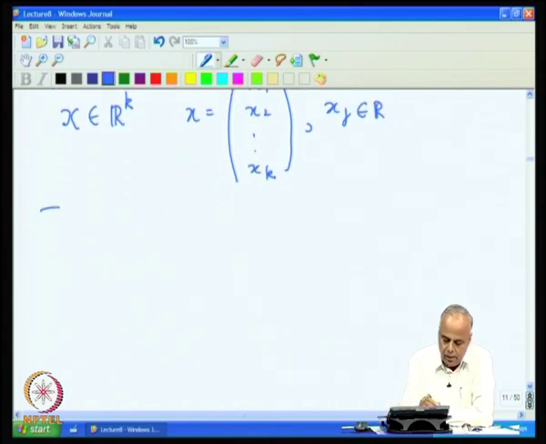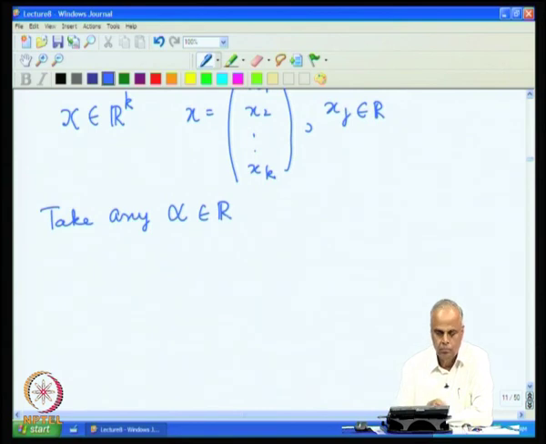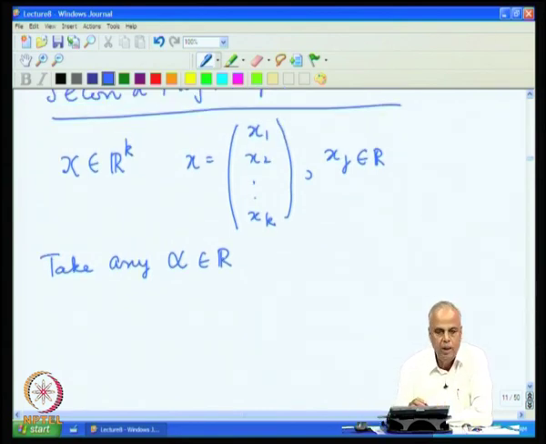Now, take any real number alpha. We have x1 is a real number, alpha is a real number, and therefore, alpha x1, the product of the real number alpha and the real number x1 is well defined, and that is also a real number.